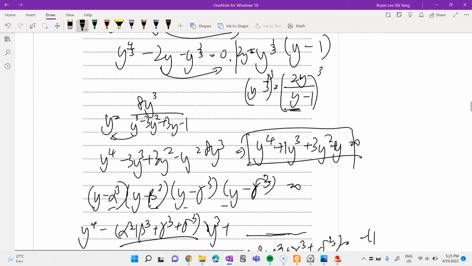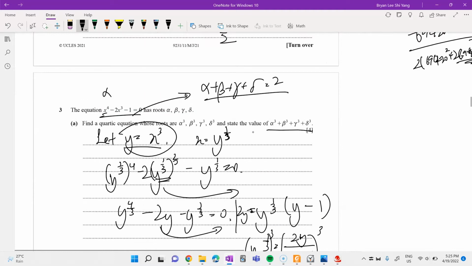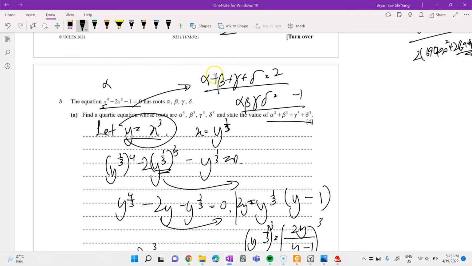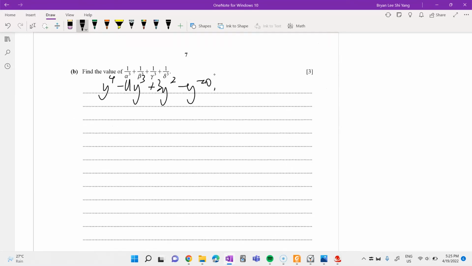This would be equal to, okay, for this one, alpha beta gamma delta would be equal to negative 1. And then, so if I were to expand this whole thing, it would be equal to alpha beta gamma delta, all cubed.